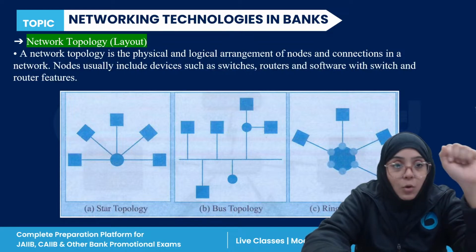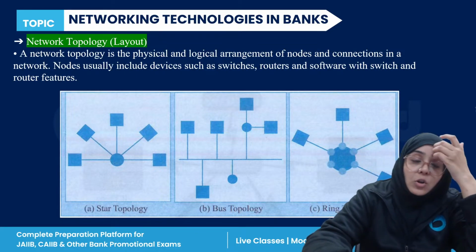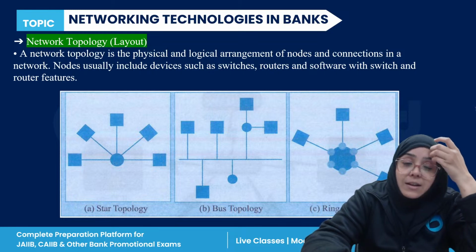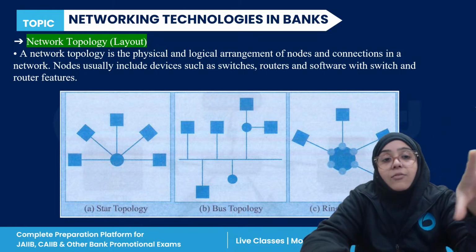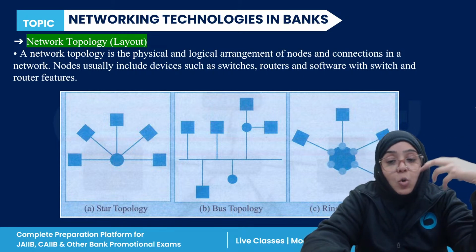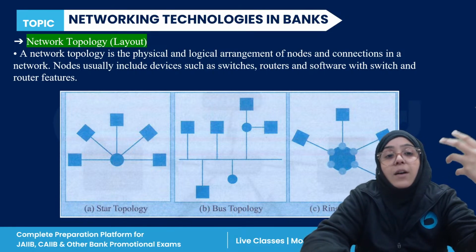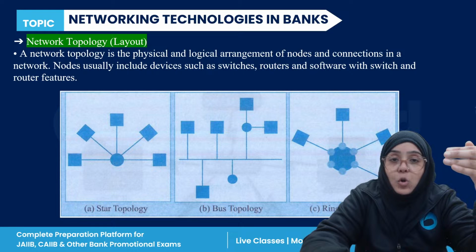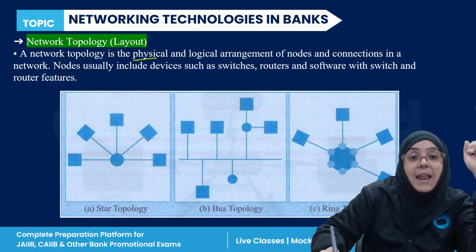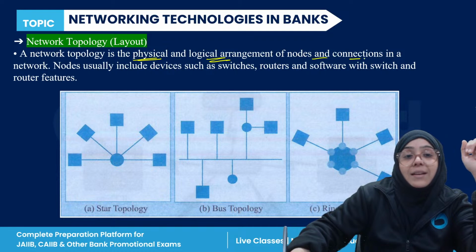If we talk about network topology, there are different types. Under a LAN, there are different types of arrangements, which are known as topology. Topology is the physical and logical arrangement of nodes and connections.